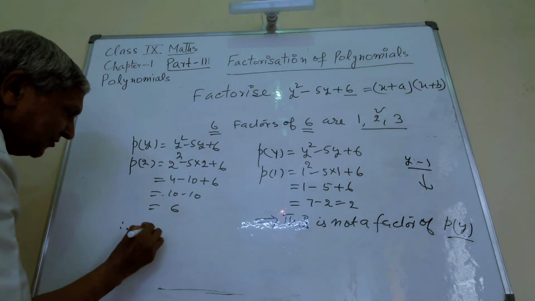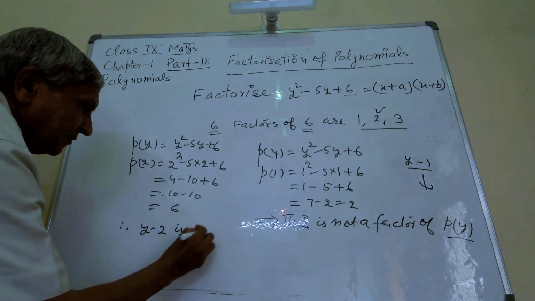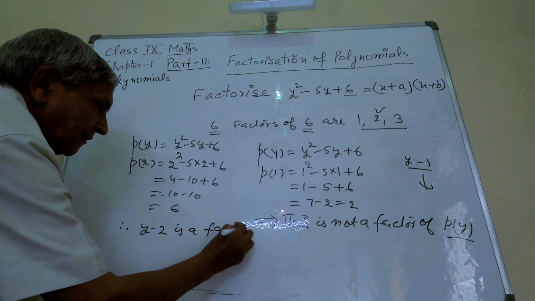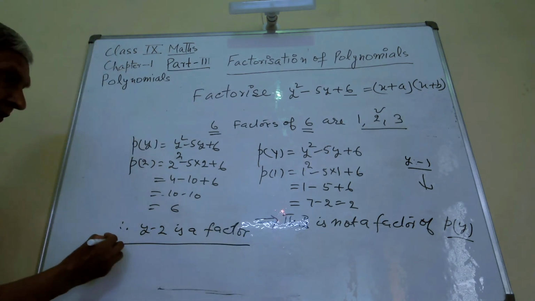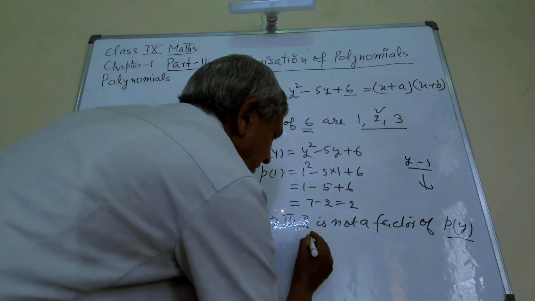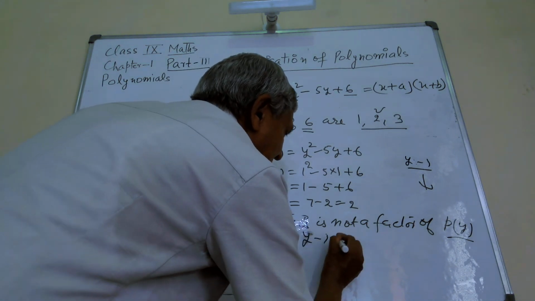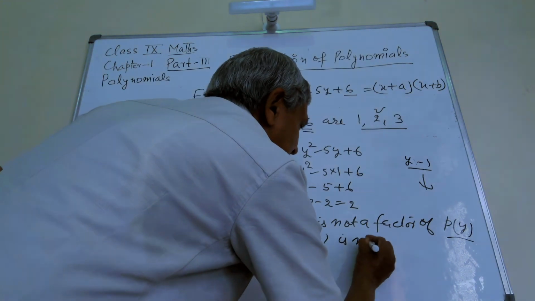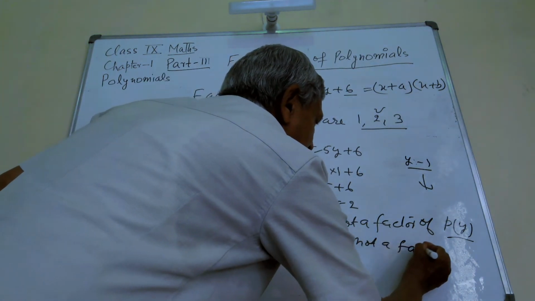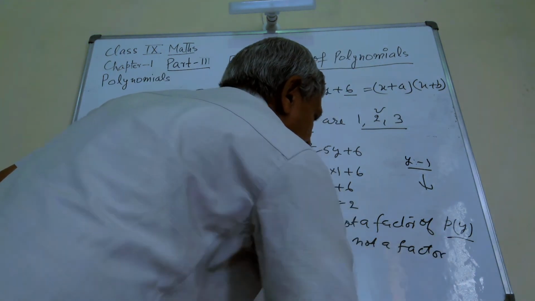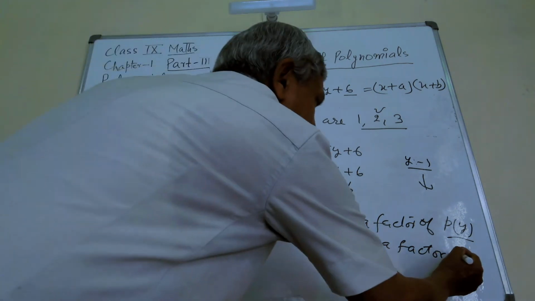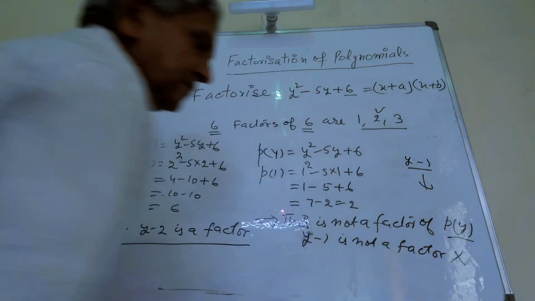Therefore y minus 2 is a factor. y minus 2 is a factor. Here y minus 1 is not a factor. Leave it.